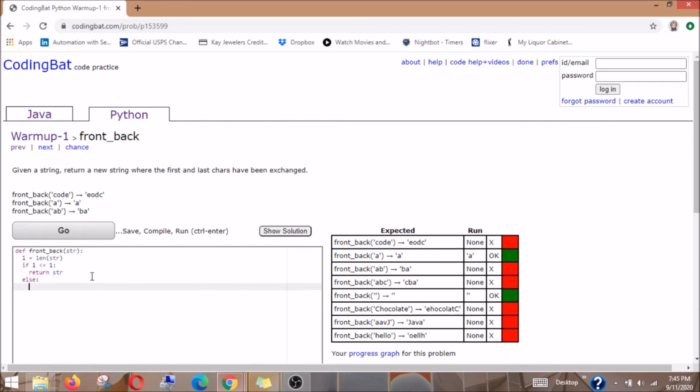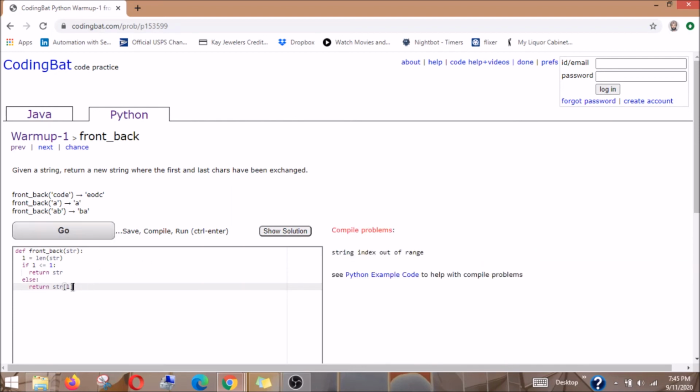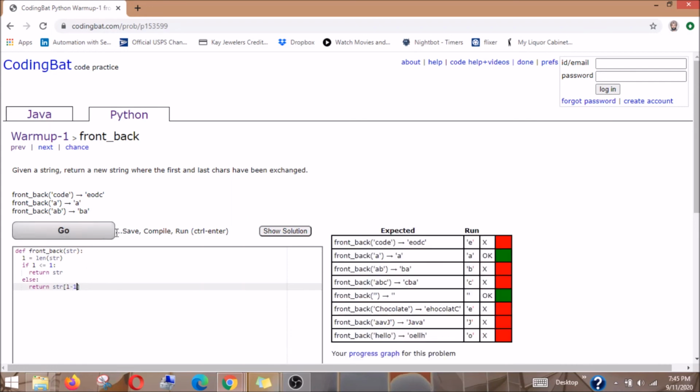Else, return str. L will not work, because the last character always starts from 0, so it is L minus 1.